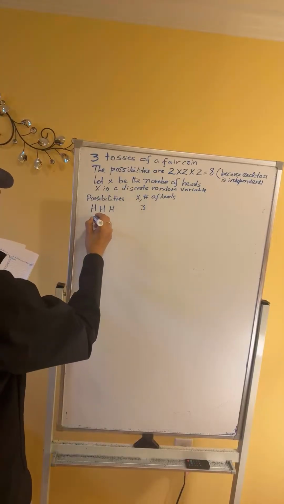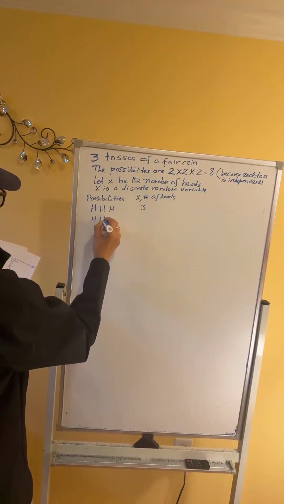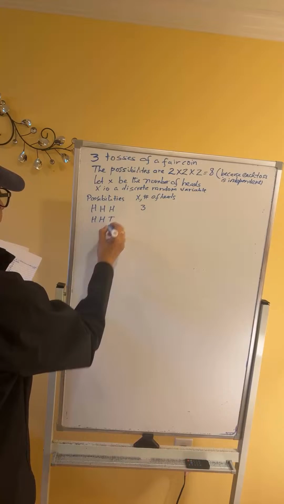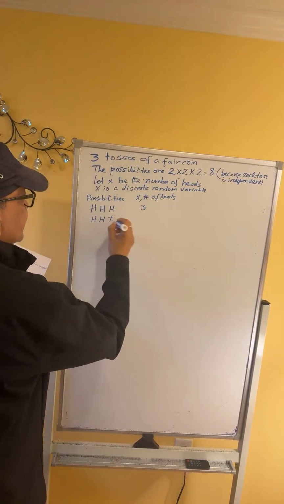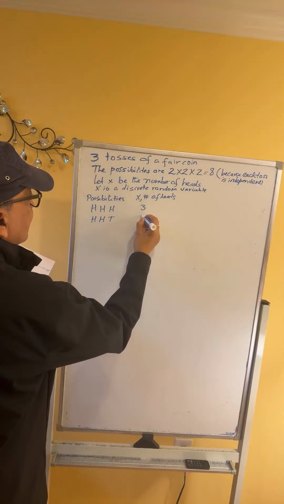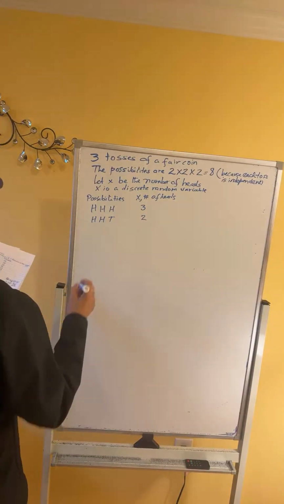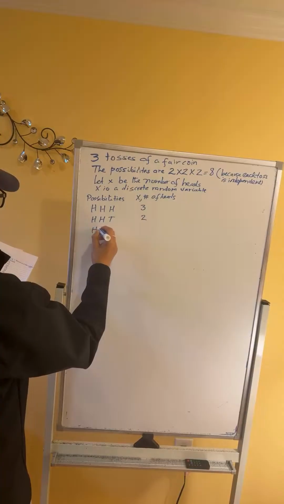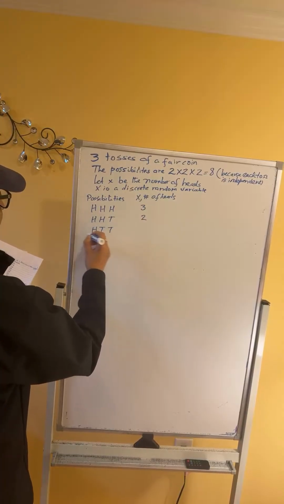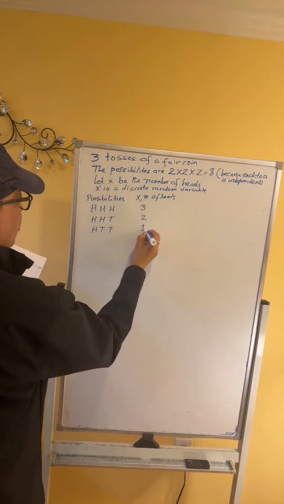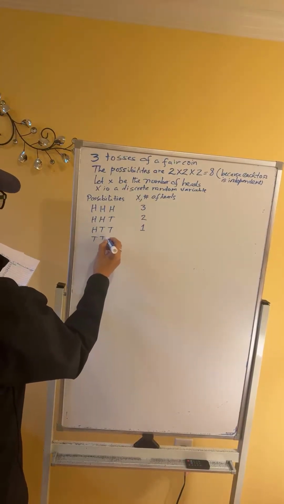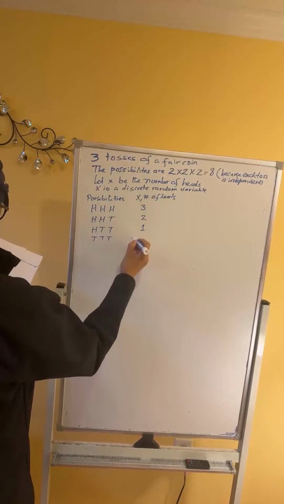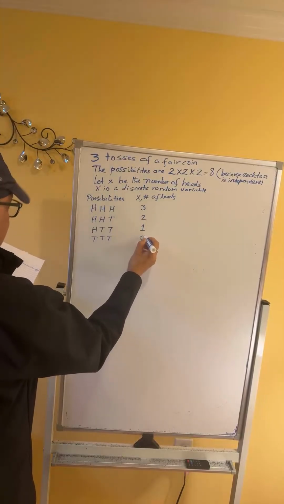Other can be, first 2 land head face up, the third one is tail face up. So in this possibility, number of heads is 2. Or it could be head, tail, tail. In this case, number of heads is 1. Then it could be tail, tail, tail. Number of heads is, in this case, 0.